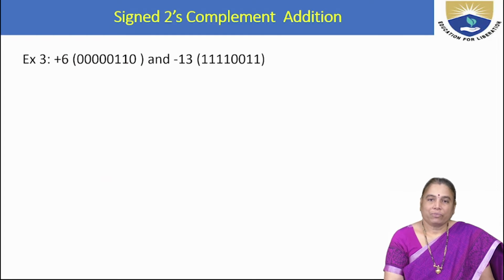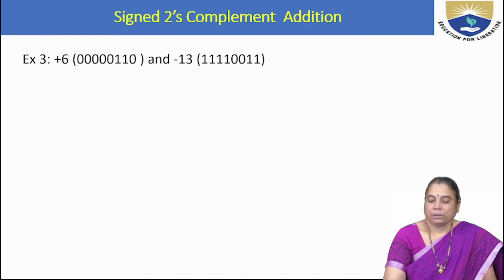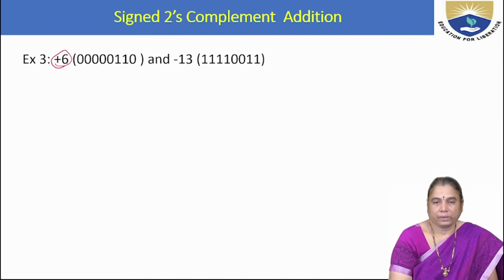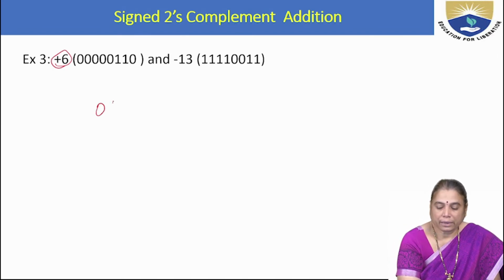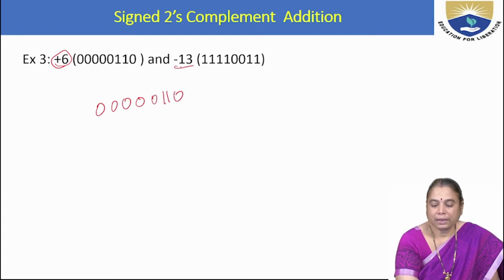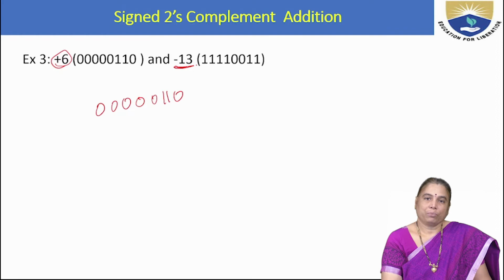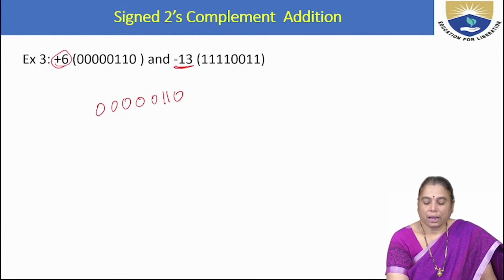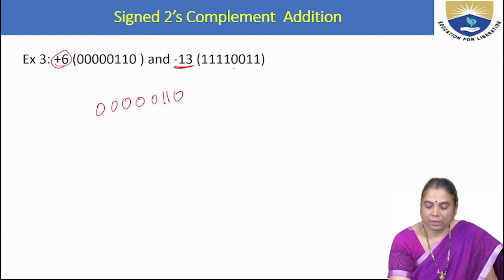If you want to perform the plus 6 and minus 13 operation, so here this is the plus 6. So the number can be taken as it is and for the negative number the 2's complement form must be used in the calculation. So here this is the number.